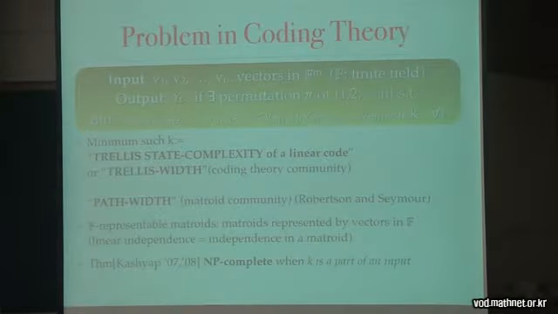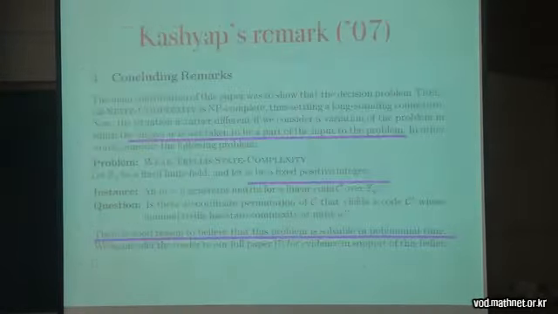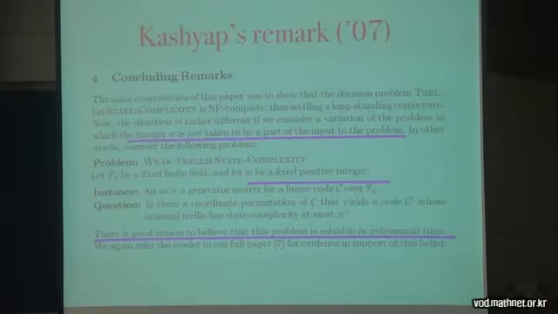In Navin's paper, he made the following remark: he showed that the trellis state complexity is NP-complete, thus settling a long-standing conjecture.